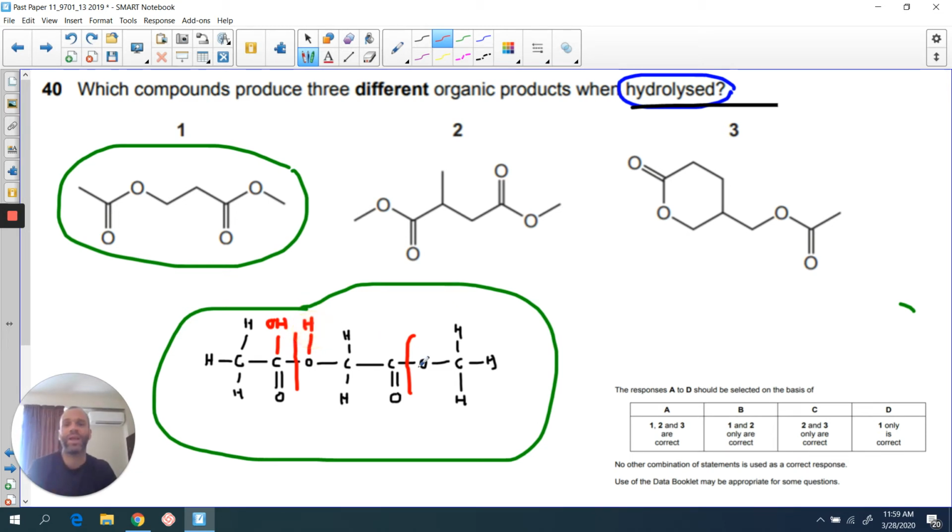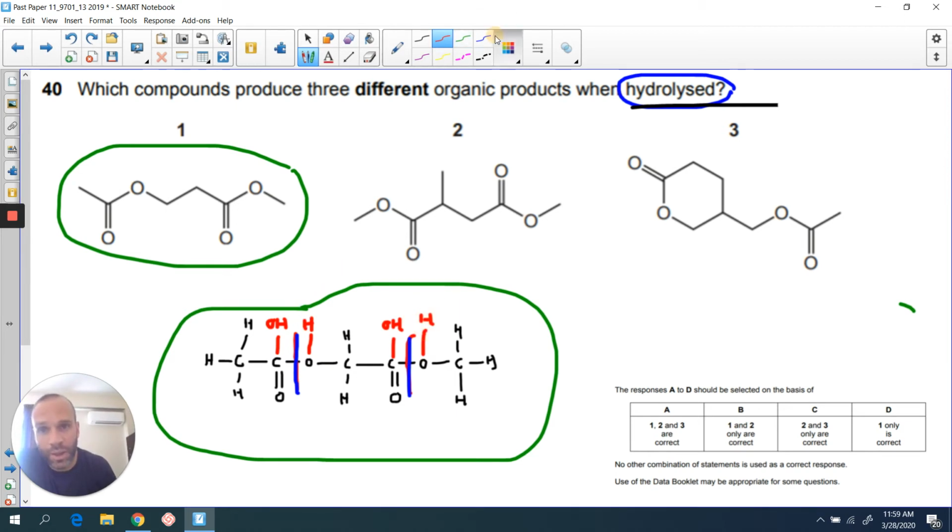And if I do exactly the same thing over here, I am just going to change this line to blue here to avoid confusion. That was our bond broken. So this part here, again, carbon double bonded to oxygen, is the part that forms the carboxylic acid. And then this is the part that's going to be forming the alcohol.